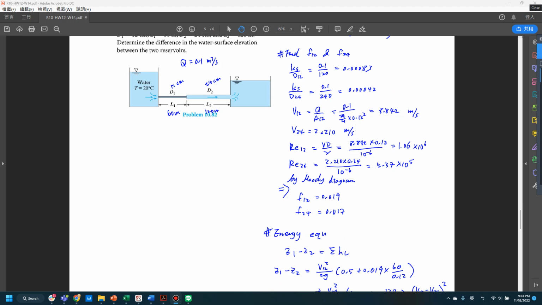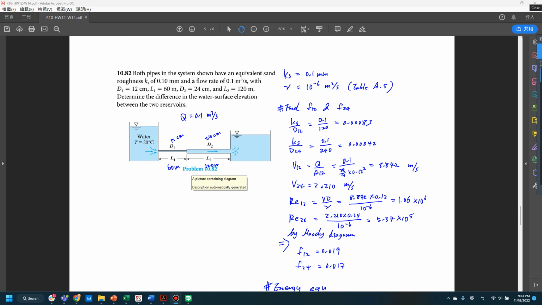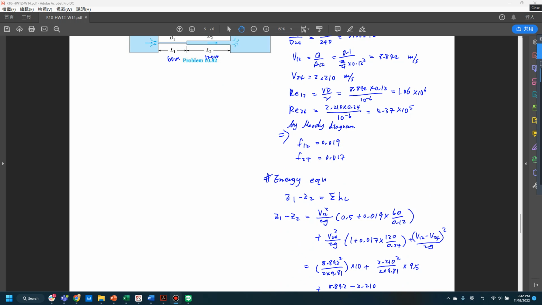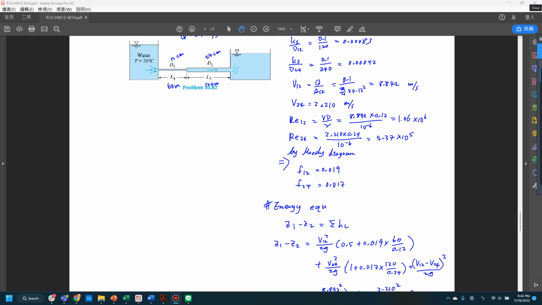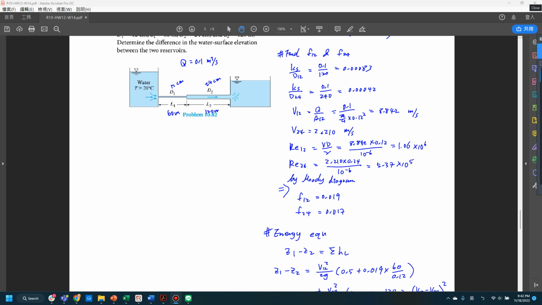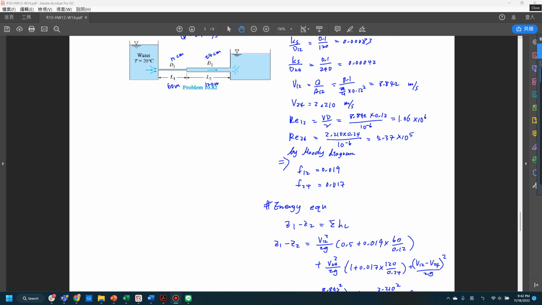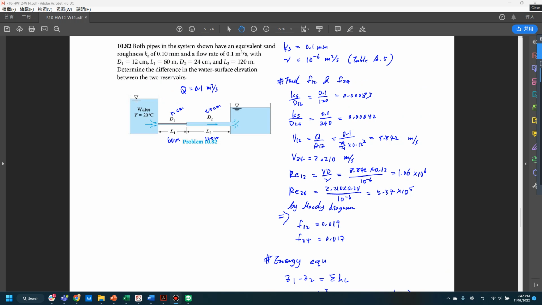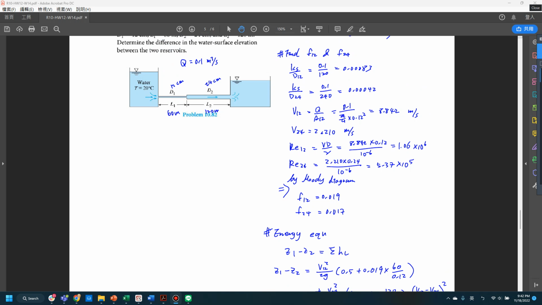Okay, so when you see this system, you should come up with the energy equation. Yes, again, we do need to apply the energy equation to solve this problem. So we know the height difference of the reservoirs. If you simplify the equation, the pressure term is equal to 0. You don't have the velocity at these two reservoirs, so you don't have the velocity term.